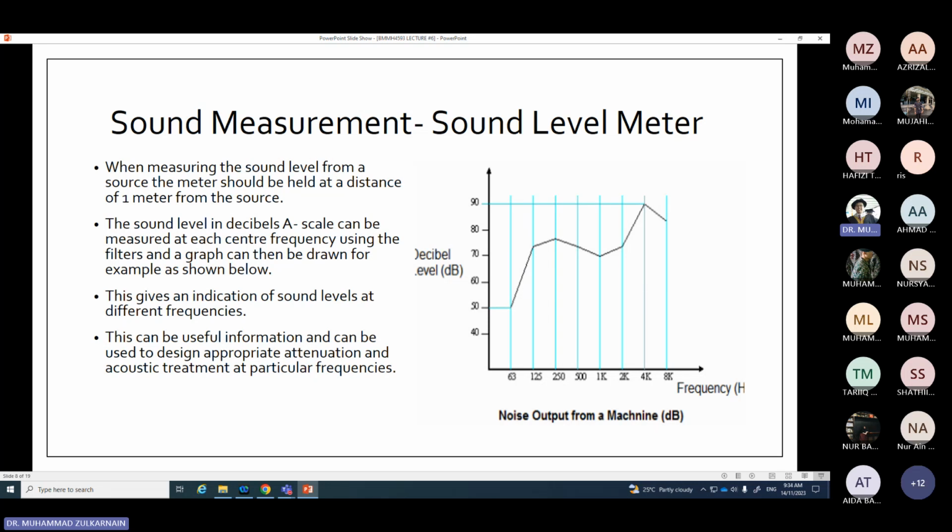Maybe we can use it to design rooms like a theater or a hall that will be used by humans. They will measure using the decibel A level, because this is implemented for human comfort, that's why we use the A level.